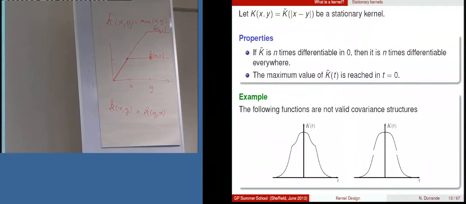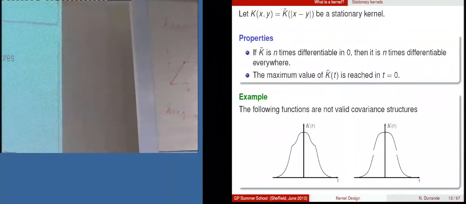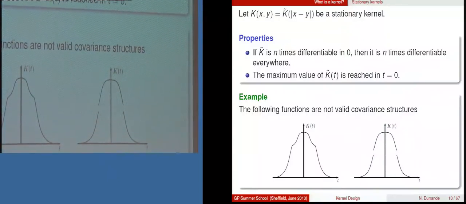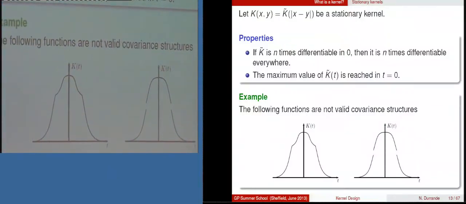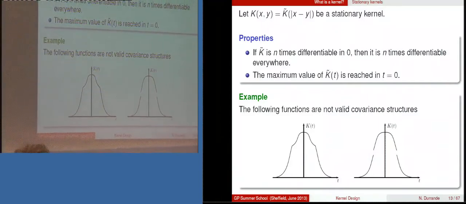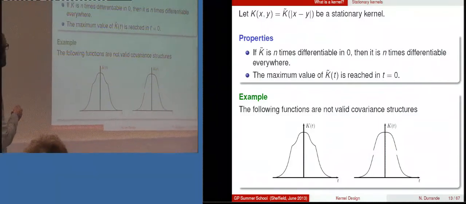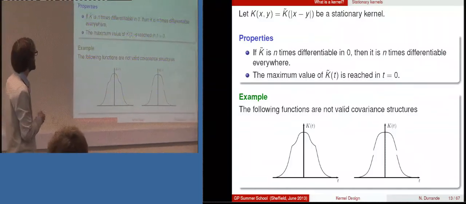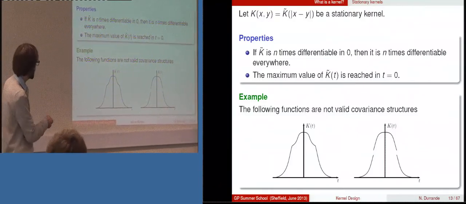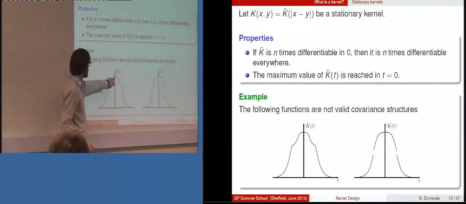So now there's one slide on stationary kernels. Stationary kernels can be written as a function of the difference between x and y. Here are two properties. If this function is n-times differentiable in 0, then it is n-times differentiable everywhere. So here's the example. Here its derivative exists in 0, but the derivative does not exist here.